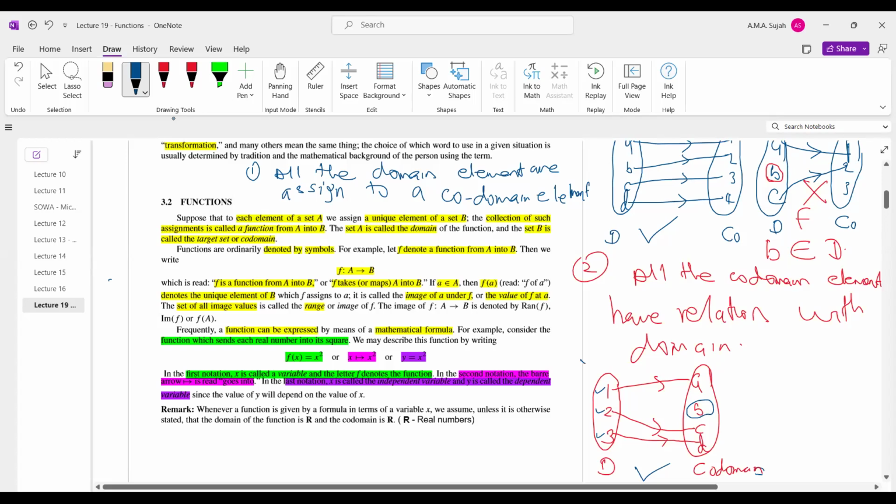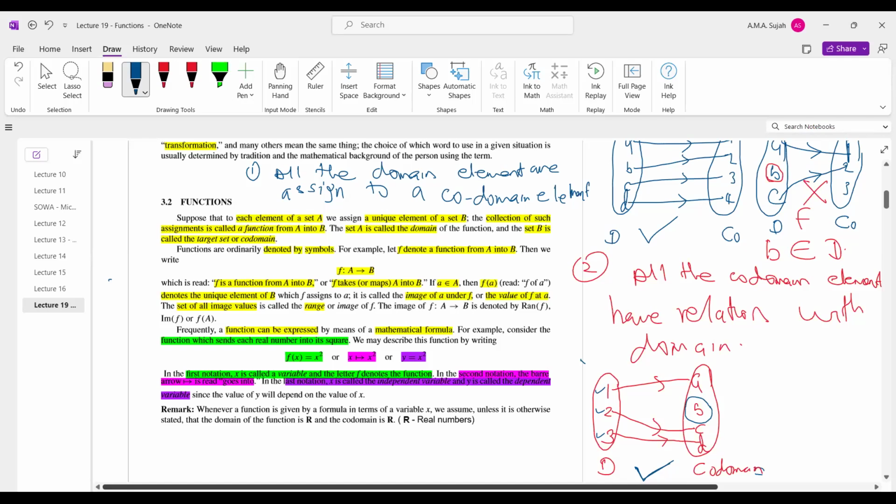Now we need to check the second condition: it is not mandatory that all the codomain elements are assigned with the domain. B is a codomain element that is not assigned with any domain element. Even so, we can say this is a function. That is the second point you need to remember. If it is a function, all the domain elements must be assigned with a codomain element, but it's not mandatory that all the codomain elements have a relation with the domain element.